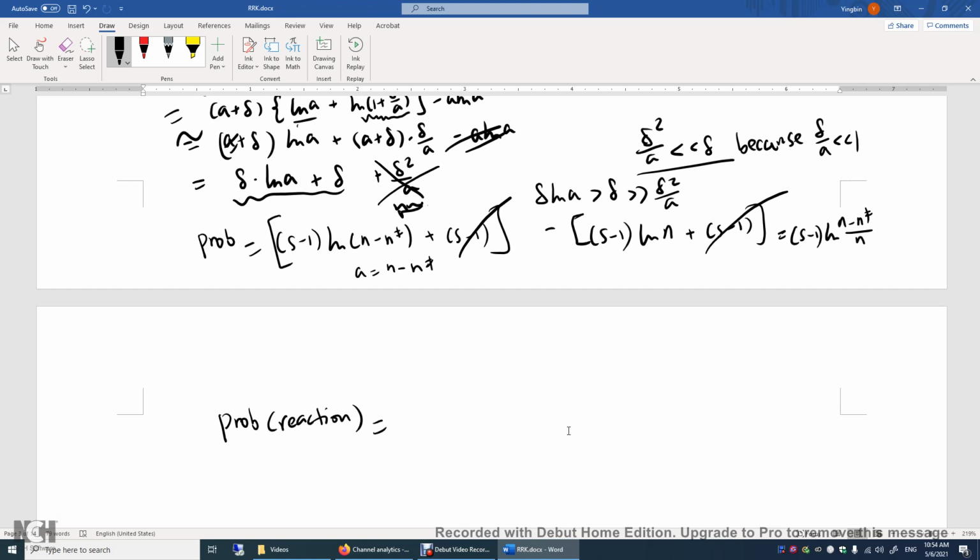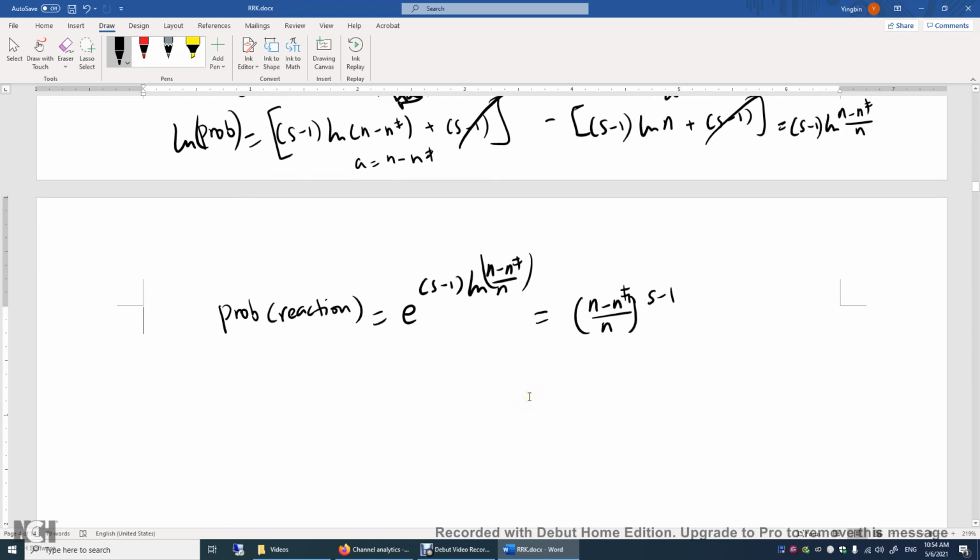So the probability is going to be e to the power of S minus 1 times ln of n minus n double dagger on top and on the bottom. And this is simplified to this expression, S minus 1.